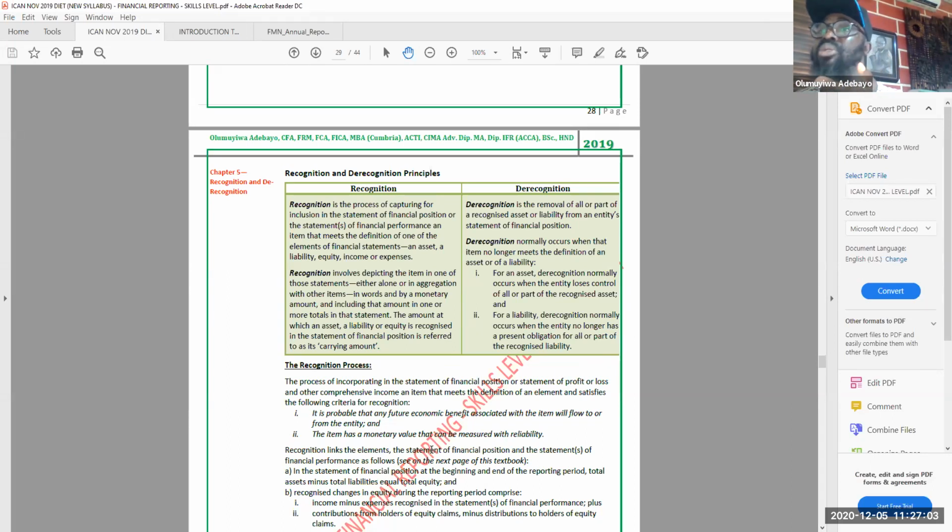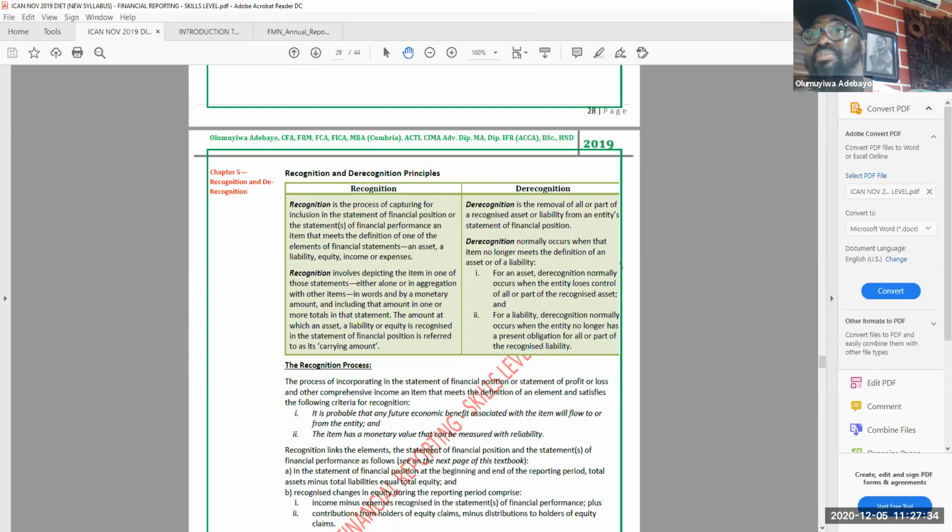Two, if you lose the right by way of your right expiring. For example, you have an investment in a bank and the bank went under, similar to the Bridge Bank that happened in 2009 to 2011, and as a shareholder, you lose all your money. Therefore, you no longer have a right. Do you get it now? All of this warrants derecognition, which means you no longer carry that asset in your books.